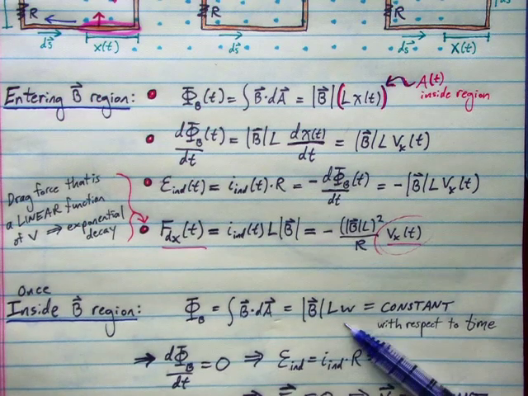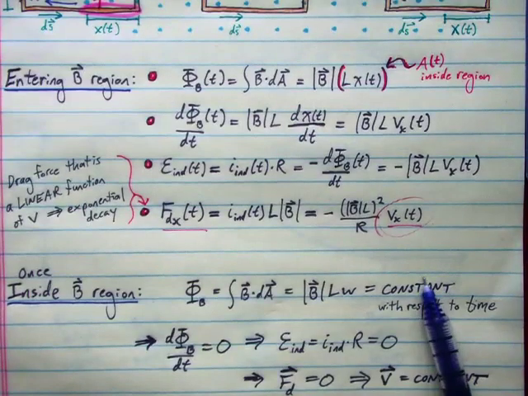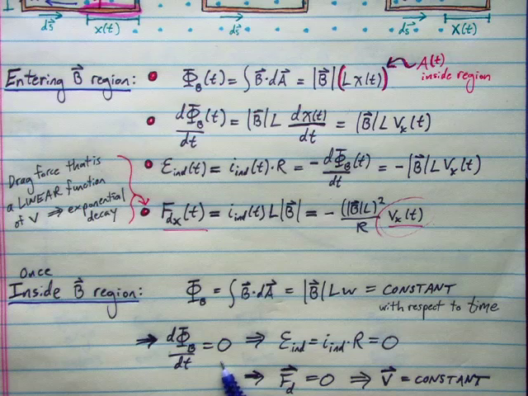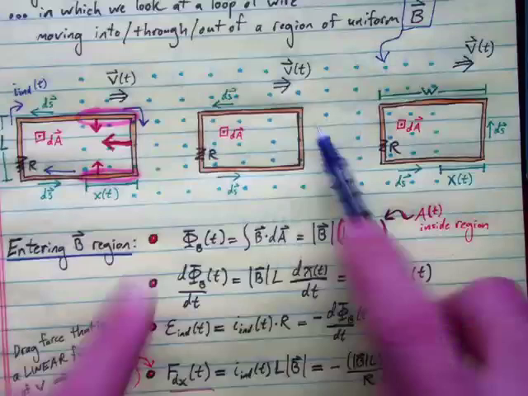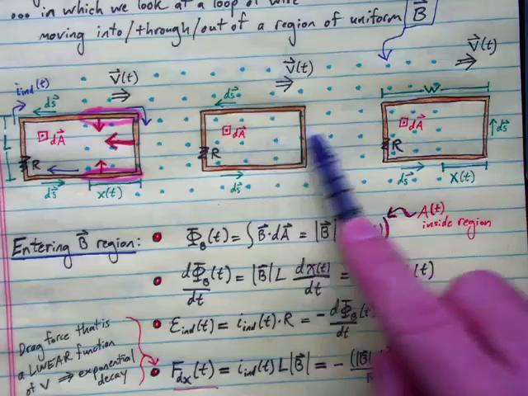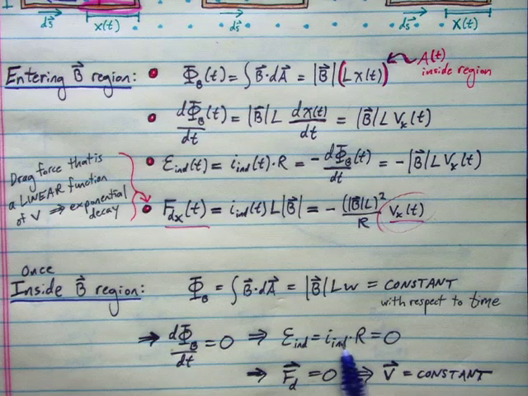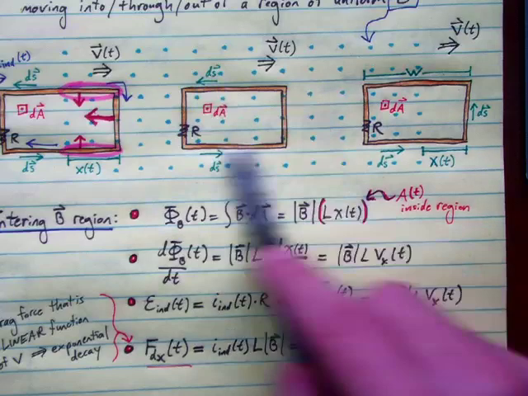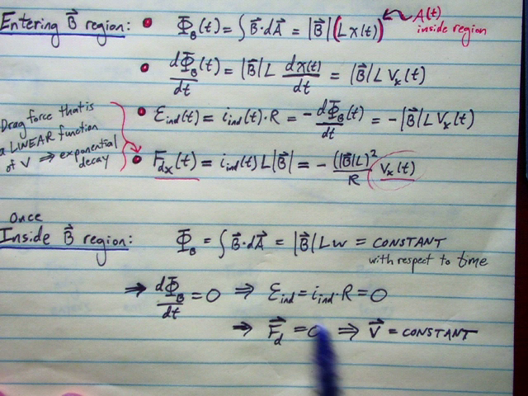So there is a flux through the loop while it's inside, but that flux is not changing. Its time derivative is zero. L and W are not changing. B is not changing. So the loop is moving through a magnetic field, but through a uniform magnetic field. So no change to the flux, therefore no induced currents, no induced EMF. So our current stops running during this time, no current at all, which means no electromagnetic forces on our wire loop.